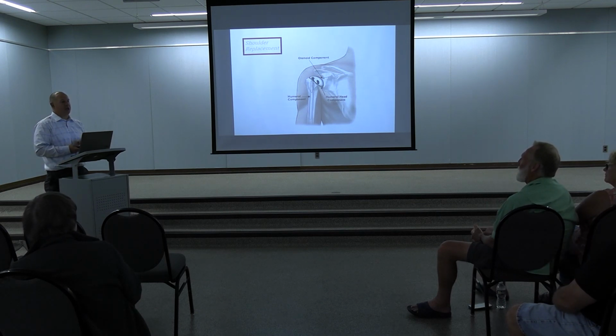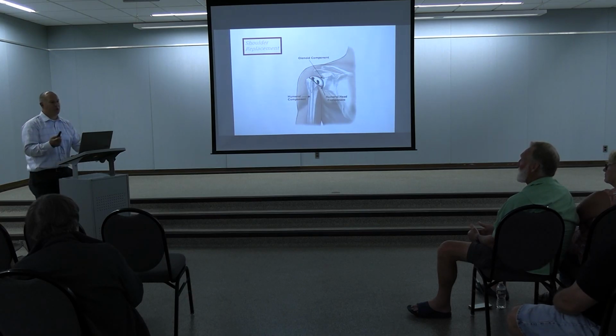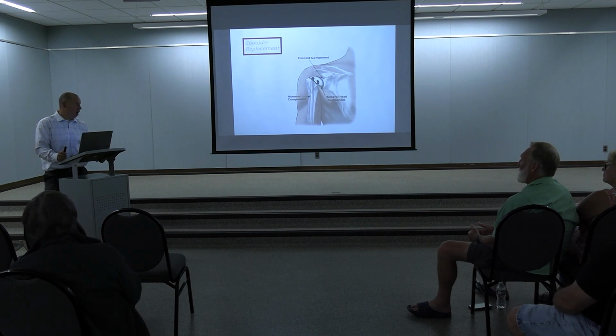It is a replacement, and so the goal is to try to get you a joint that functions with as minimal pain as possible. Okay, and he advised that rather than a full shoulder replacement, just because of activity. So it sounds like you may have had what they call a ream and run, where they'll replace the humeral head but just ream the socket, not put a glenoid component in there, because those are notorious for somebody that's very active.